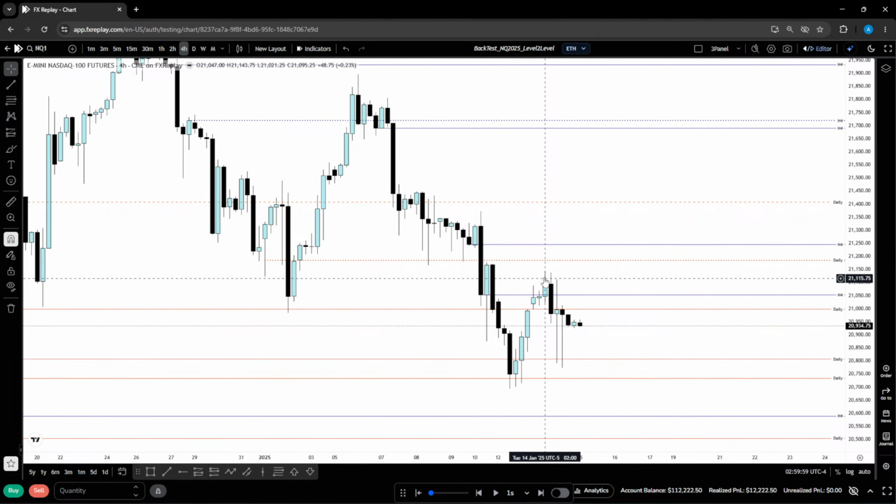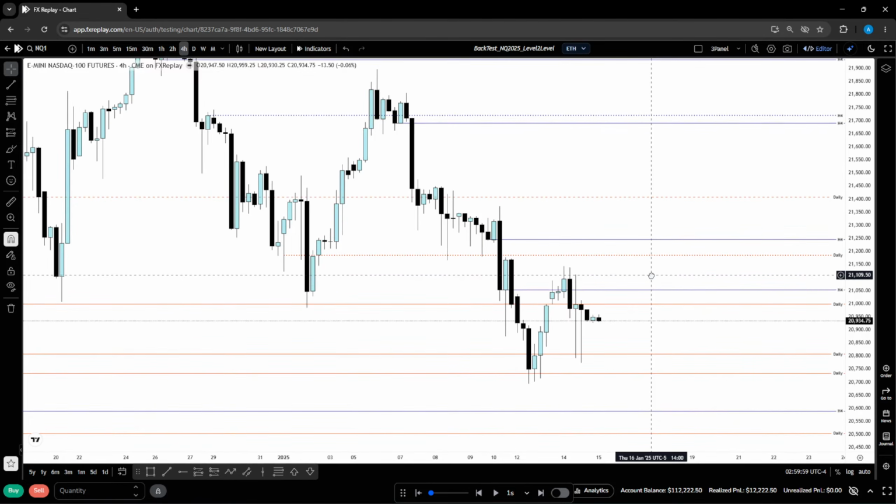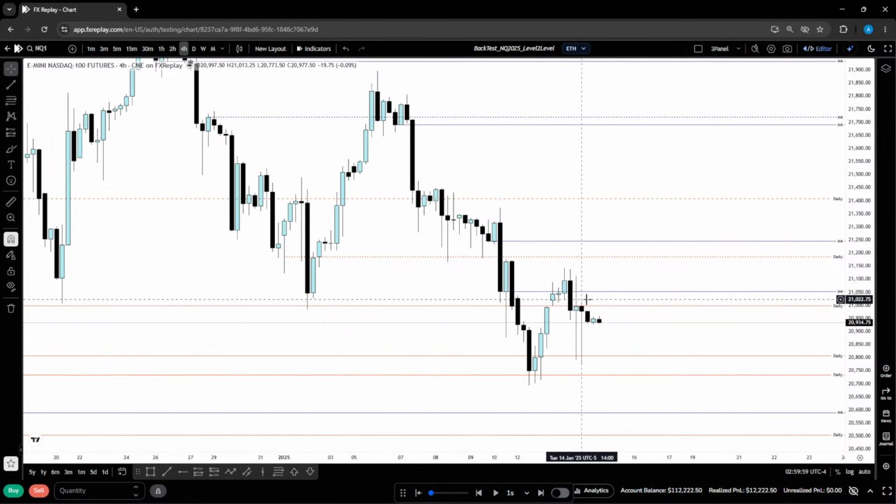So we went back up with the 4-hour level, with the 4-hour candle, and then we gave all of it back yesterday. And the rest of the day it was just a doji formation. So it'll be interesting to see if we'll start building, making our way up to these areas or not.